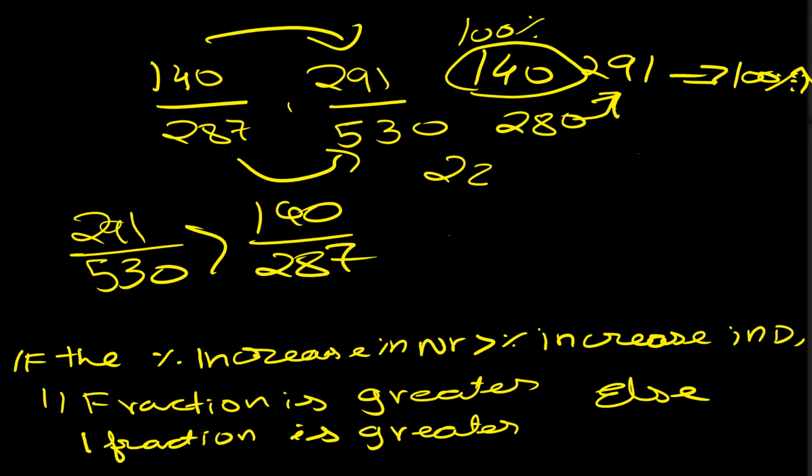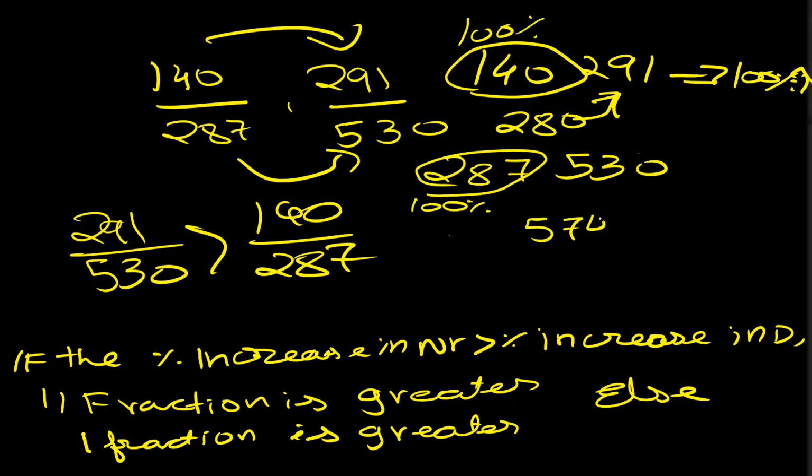See the second number, which is 287 and 530. Let me take this 287 as 100 percentage. So what will be 200 percentage of 287? 200 percentage of 287 is 574.